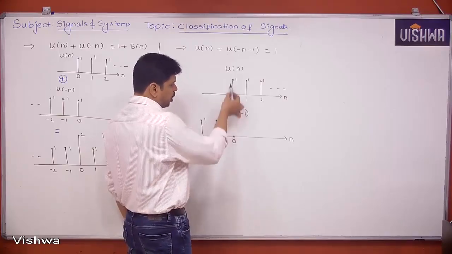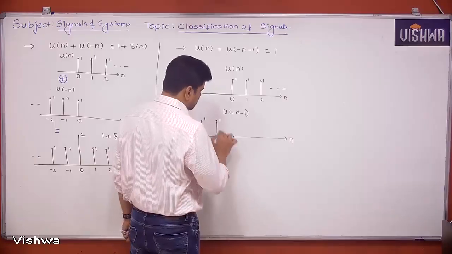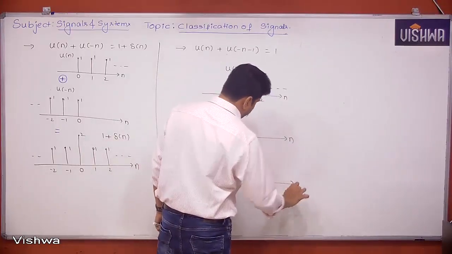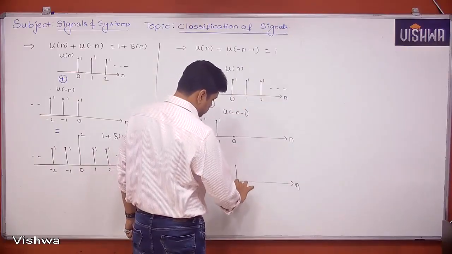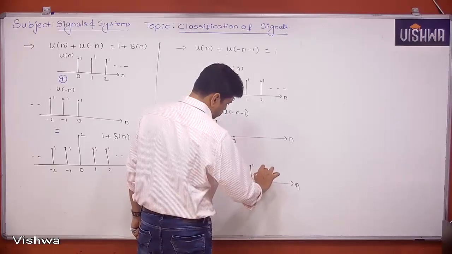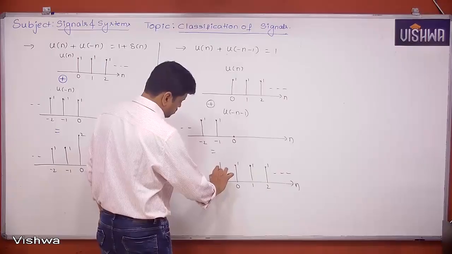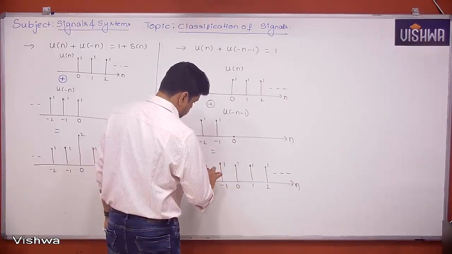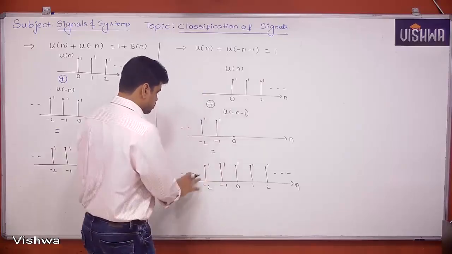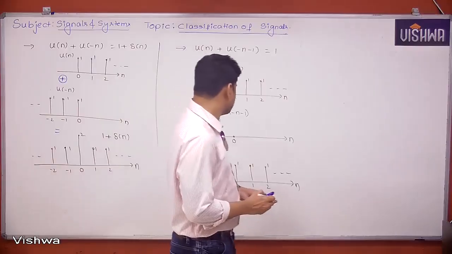At 0, 1 plus 0, again 1. At 1 also 1 plus 0, like that. So finally, if you add them, the result is simply, for every value of n, its value is 1. So this is what we are going to get, 1.